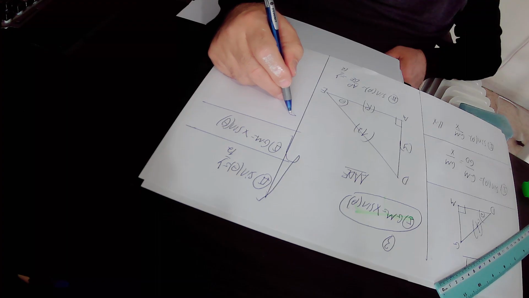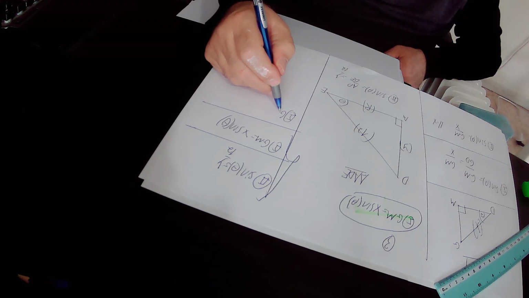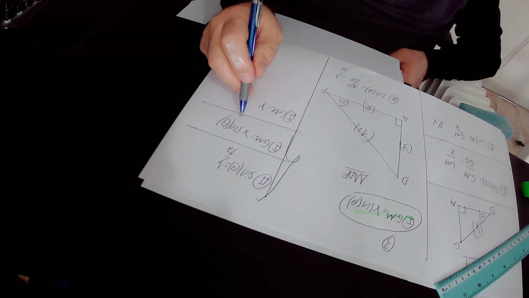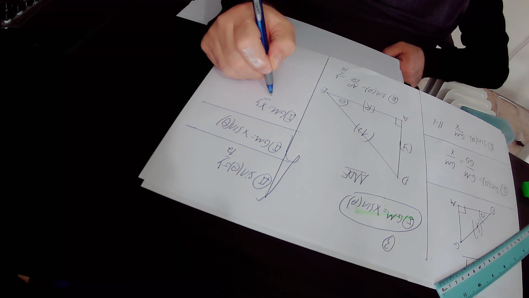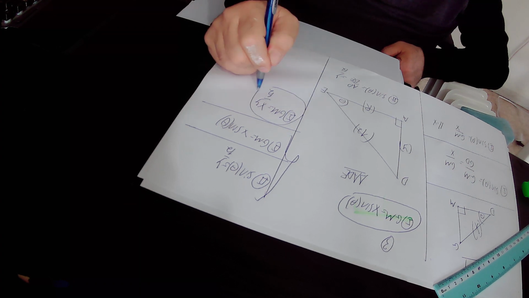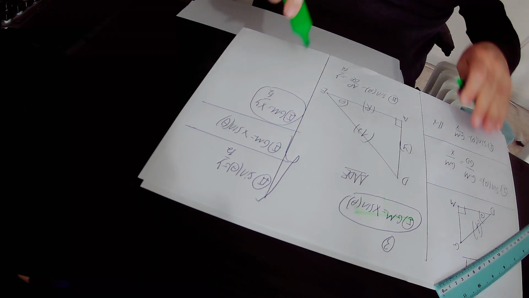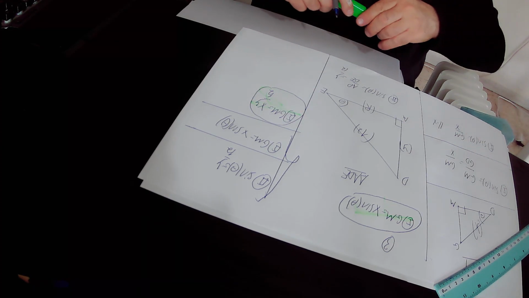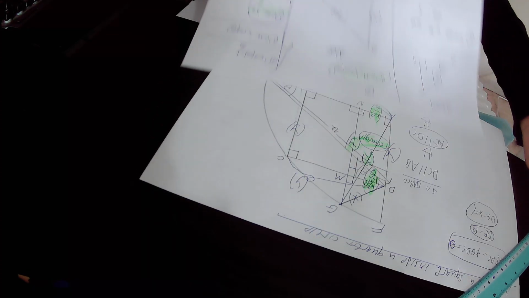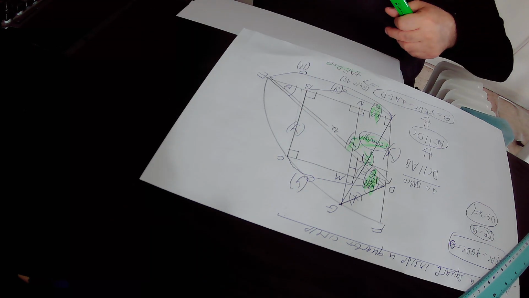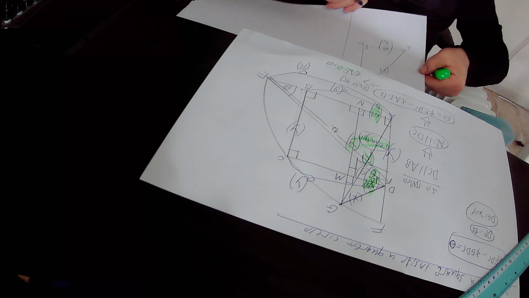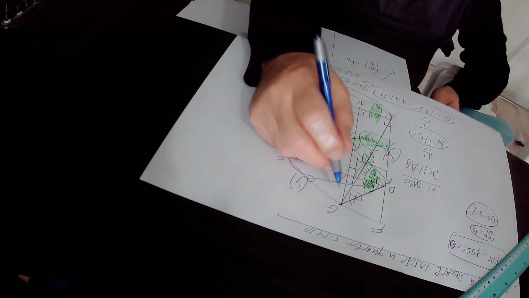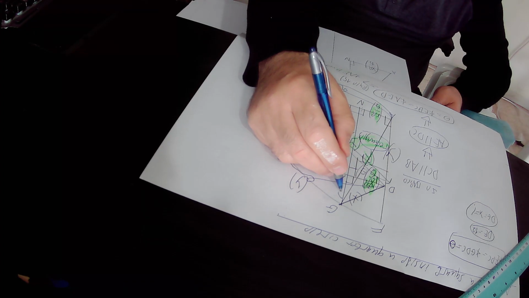We'll get that GM equals x times sine theta, and sine theta is y over 12 according to equation 2. So in total, GM equals xy over 12.